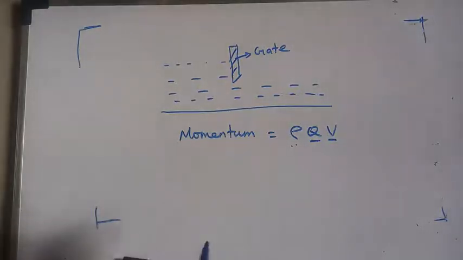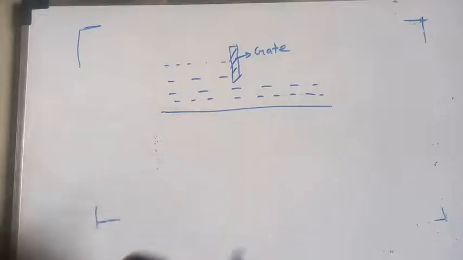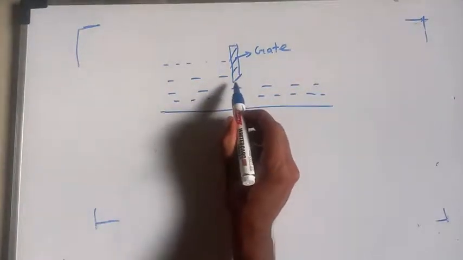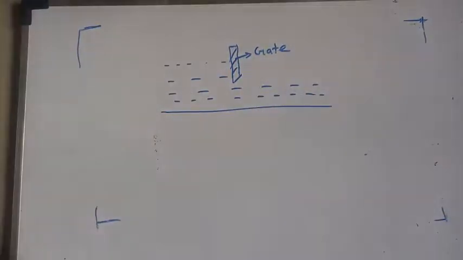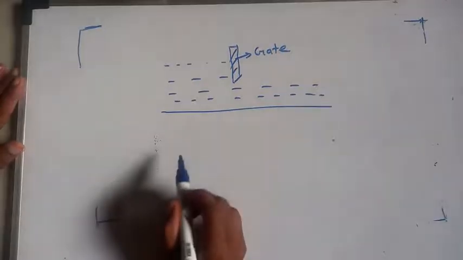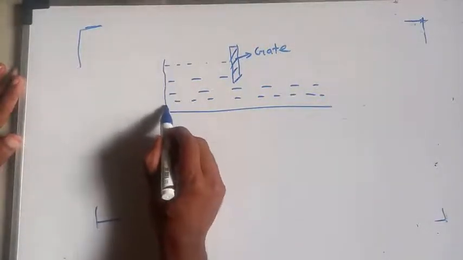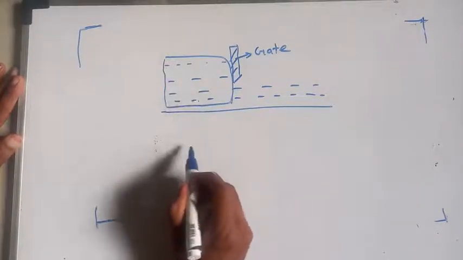What we are going to see here is very simple. As per the momentum principle, if I take this gate, a lot of forces are involved. For example, first I have to draw a control volume. If I am taking this control volume, what all forces are involved?